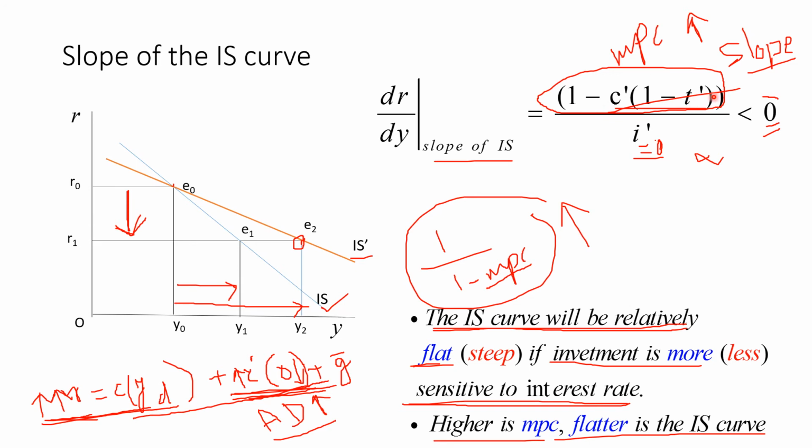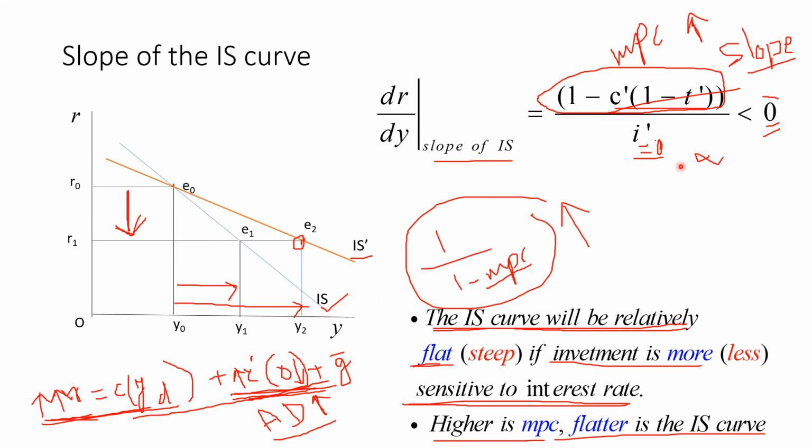So a higher multiplier means this value is smaller, and therefore your slope is also small. That means the IS curve is flatter like this. If the multiplier is pretty small, then this value will be higher, and therefore your slope will be higher, and the IS curve will be pretty steep.